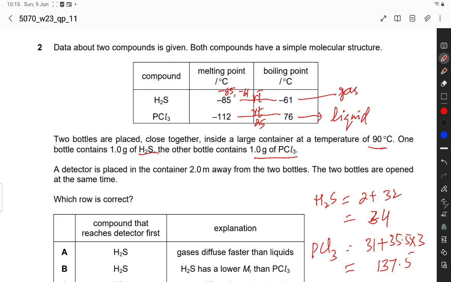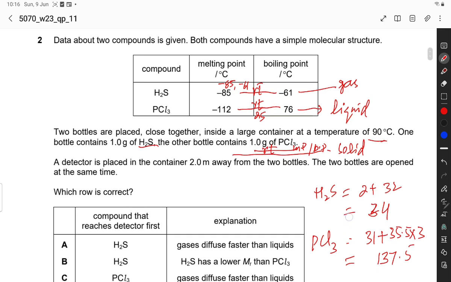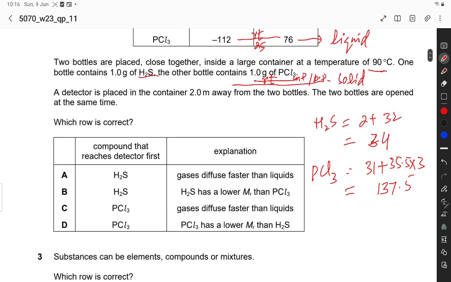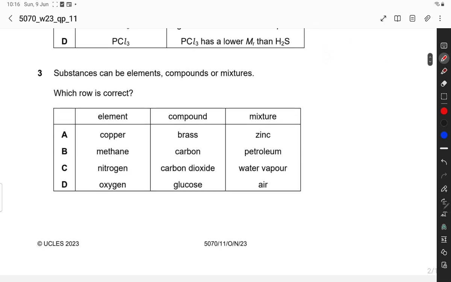And if the melting and boiling points are both above room temperature, then it exists in solid state. So PCl3 is in liquid state. So the compound that reaches the detector first is the gas, as gases diffuse faster than liquids. A is the correct option.